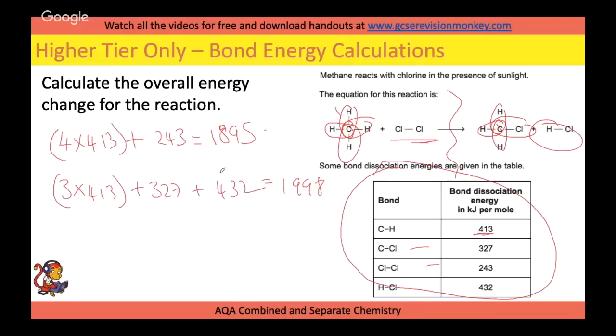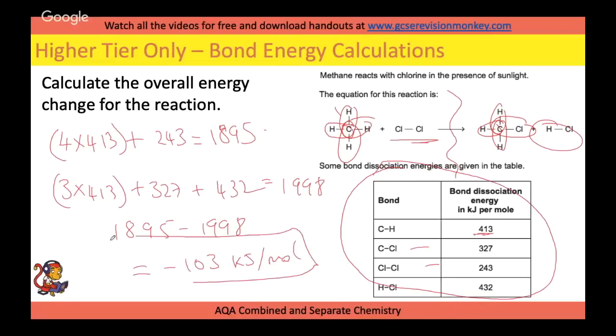All you do then is take left from right, always that way round. 1895 take away 1998 gives us an answer of minus 103 kilojoules per mole. So these questions are 4 or 5 marks. That negative sign tells us that it is an exothermic reaction. If it's positive, it's endo. If it's negative, it's exo.